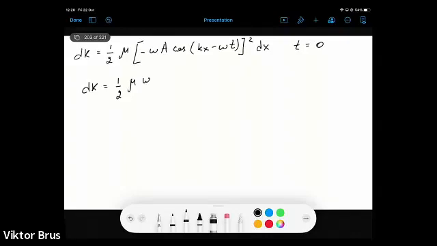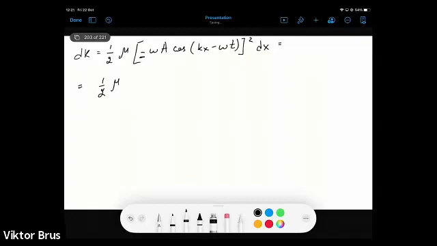Let us first take this second power. It will be 1/2 times mu. We will get rid of this minus because we have it in the second power.